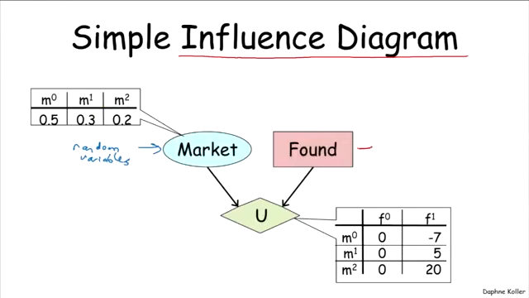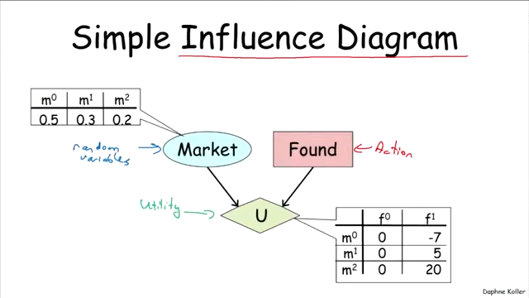We have action variables, which are places where it's not nature that gets to make a choice over the value of the variable, but rather the agent that gets to pick. And then we have the green diamonds at the bottom, which represent utility.